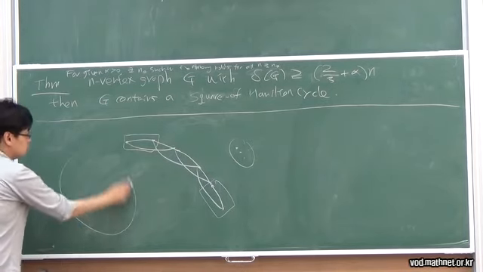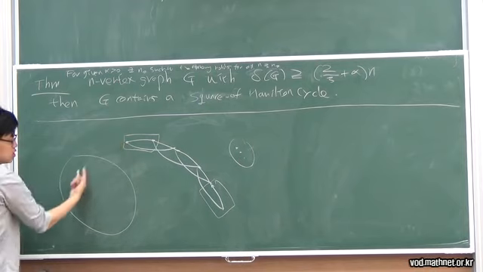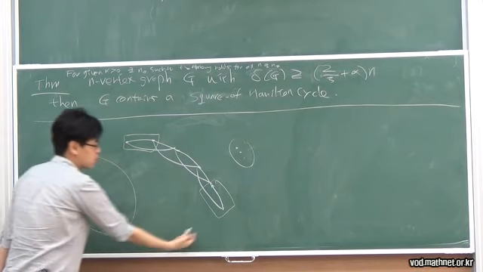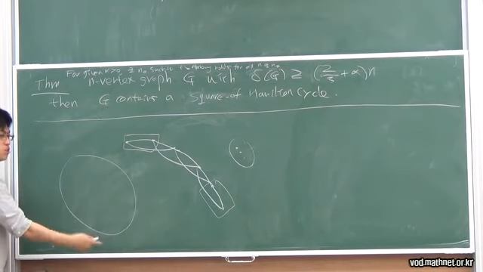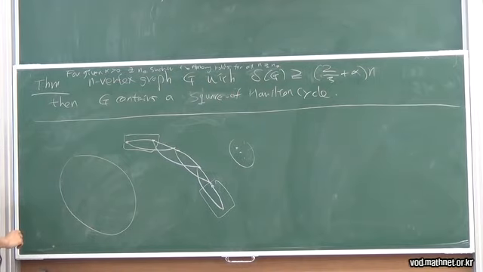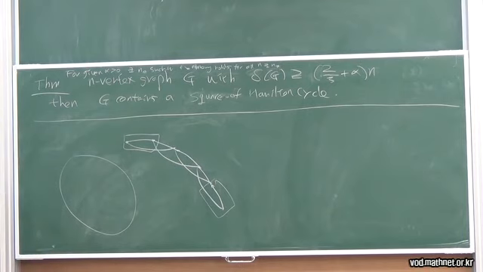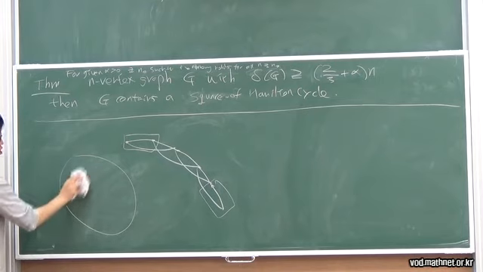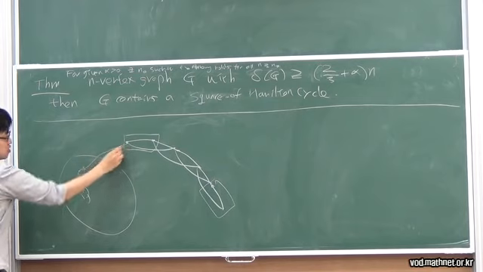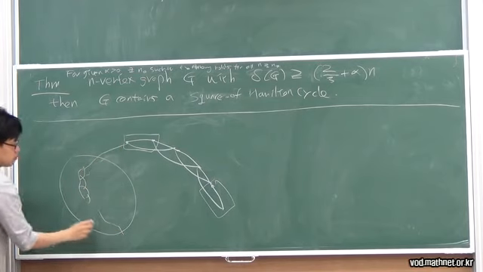And then here we want to grow this square path into a square cycle which covers almost all vertices. For example, we have certain other paths, and one of the ways is to grow some other square path and then connect it, and then grow some other path and connect it.